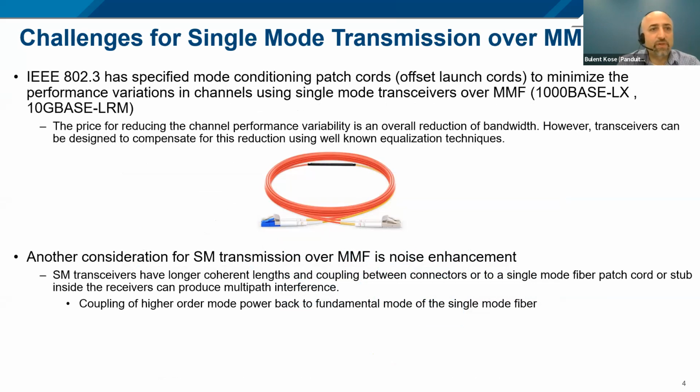This was specifically for 10GBASE-LRM, and also for 1000BASE-LX. For 10GBASE-LRM, there was a lot of development trying to figure out how to use these offset launch cords to specifically generate offset, to increase the coupling to higher order modes, so we can have a more reliable bandwidth, which actually works. I'm going to show you in this paper that it's more reliable. However, it very specifically reduces the bandwidth that you could get when you transmit single mode.